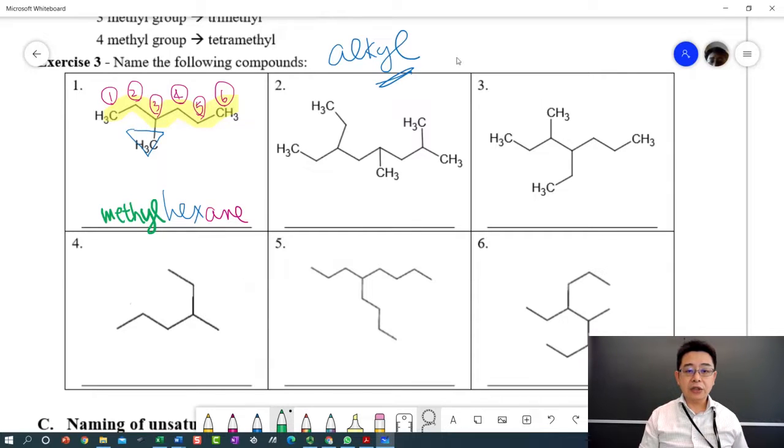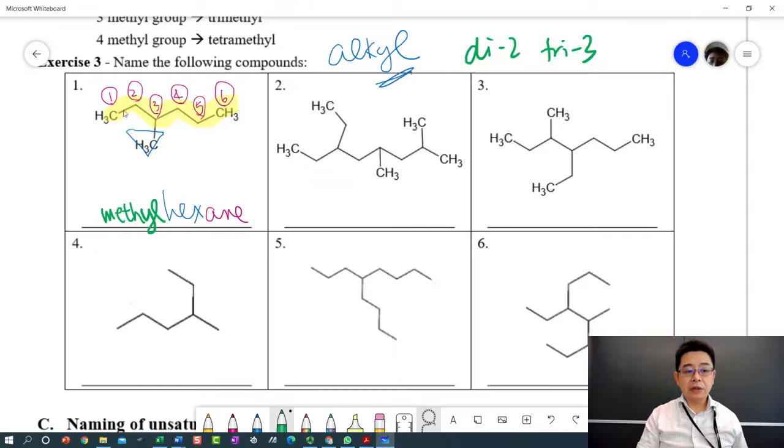Like di represents 2, tri represents 3, the same kind of alkyl group in a structure. So this one, just skip it. Then the last question is where it is. It is just like the address, the plate number for the house that you are going to locate. So this is just like that with plate number.